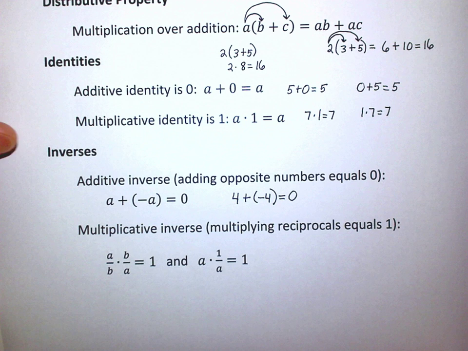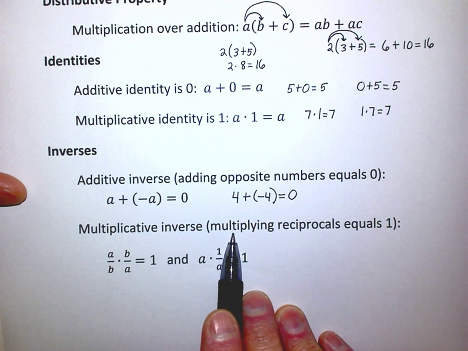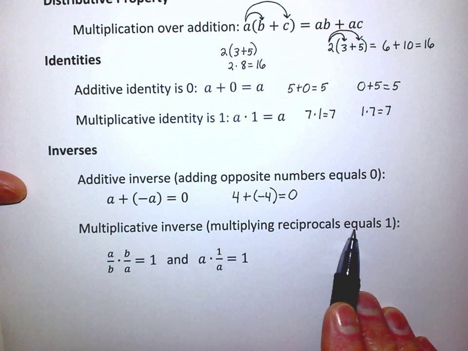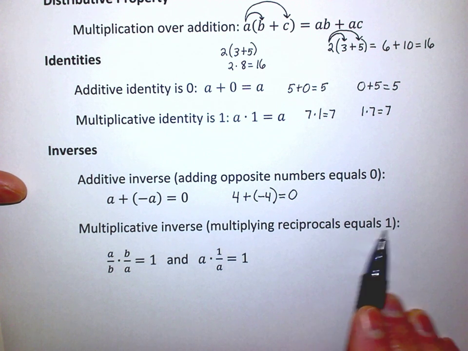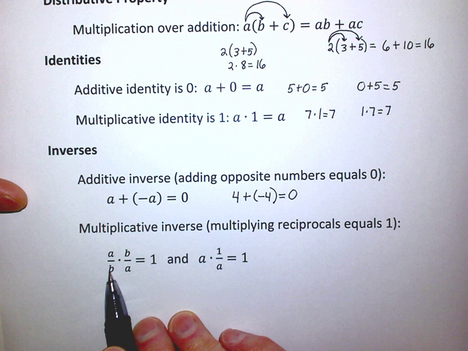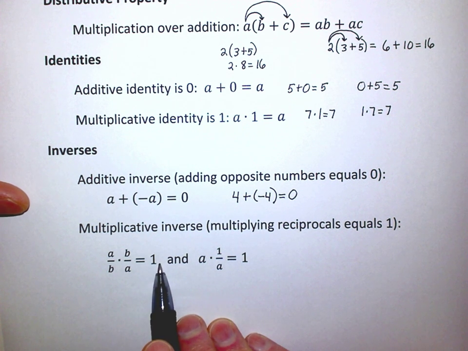And the multiplicative inverse means when I multiply reciprocals, it will equal 1. Remember, reciprocal is taking the fraction and flipping it upside down. So A over B times B over A equals 1.